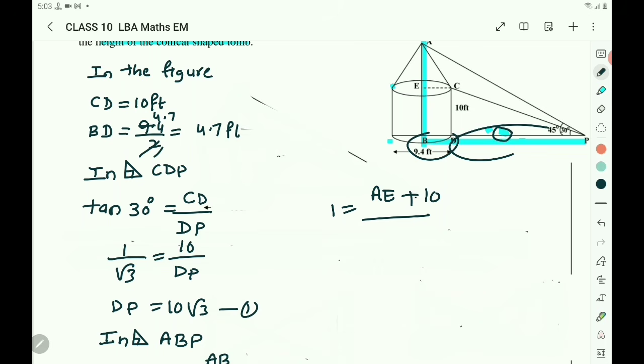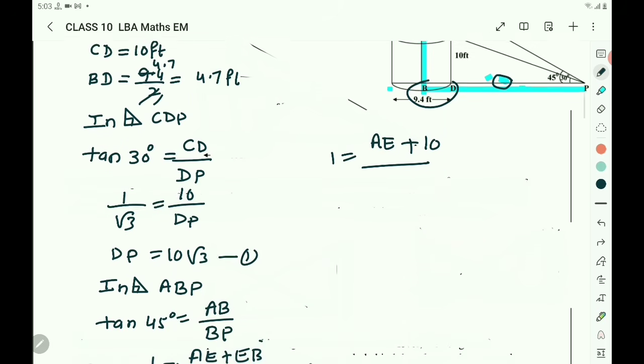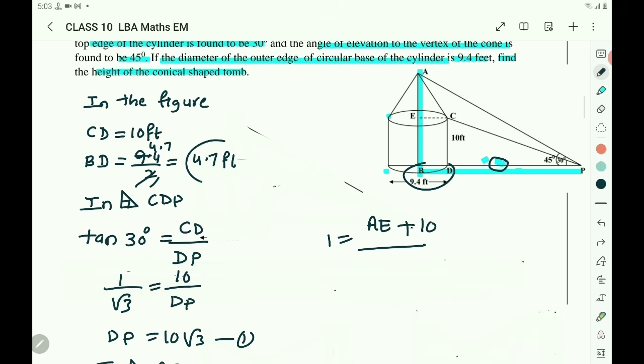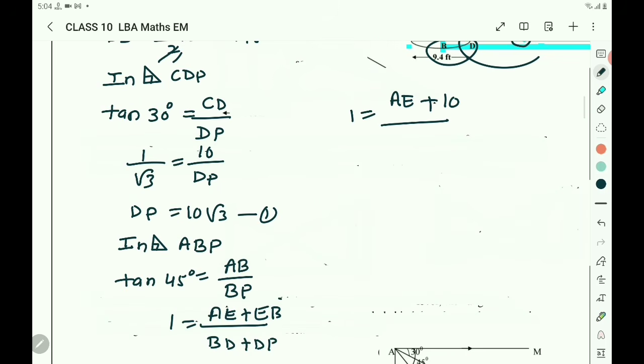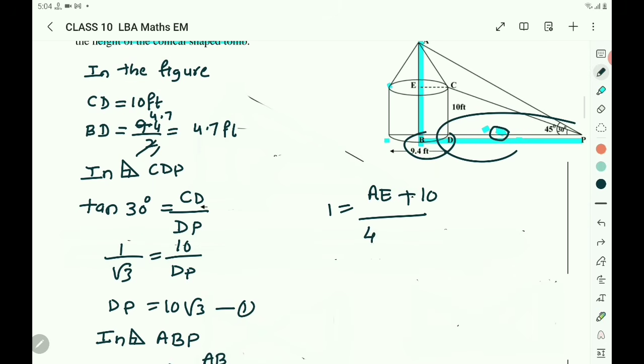BD plus DP. BD is 4.7 and DP you got 10 root 3. 4.7 plus 10 root 3.